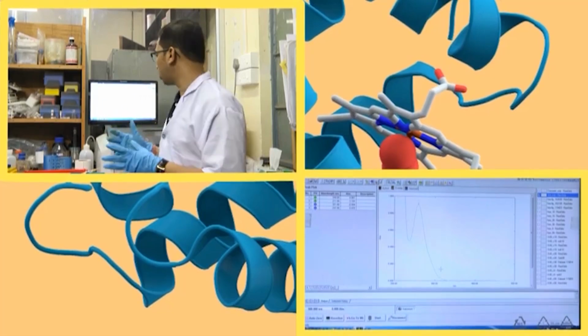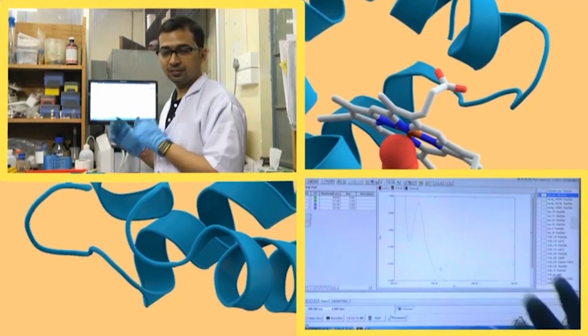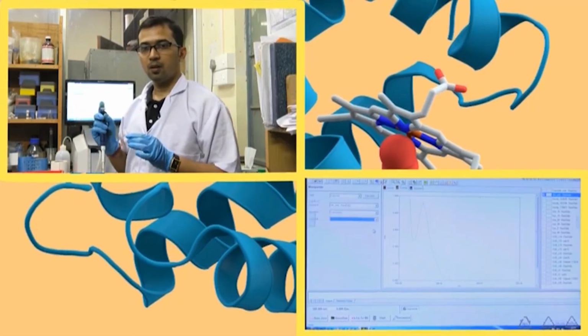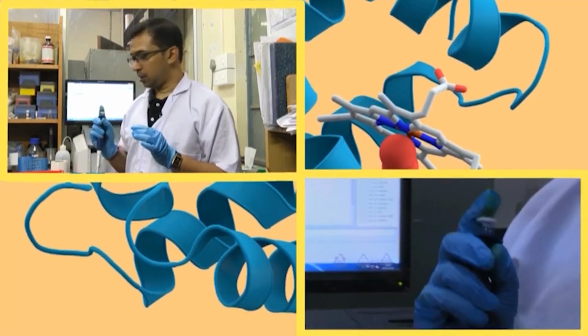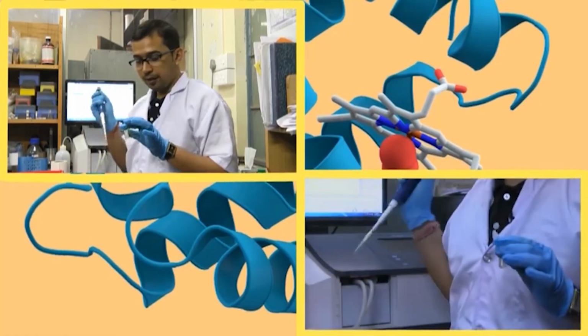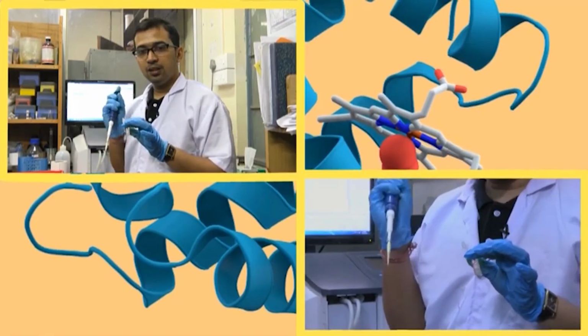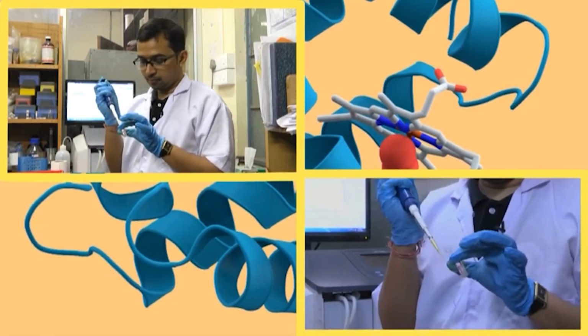Now, we will shift to HSA and add it to the gallic acid solution. We have taken this gallic acid and measured its spectra, and now we will add HSA to it. The HSA we will take here is 10 microliter.